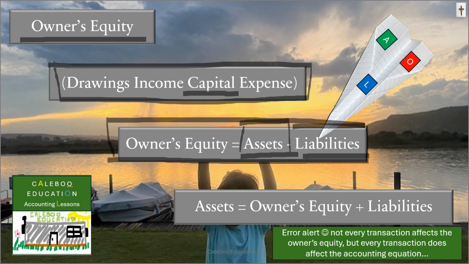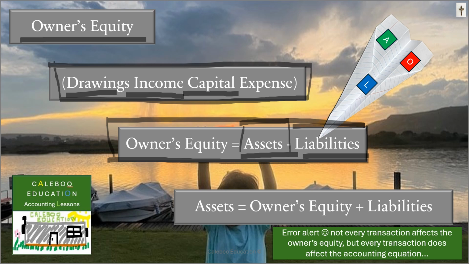Then there's drawings, what the owner withdraws from the business. Once again, it can be stock or cash. It doesn't just have to be cash. The owner can withdraw items from the business. It could even be stationery.